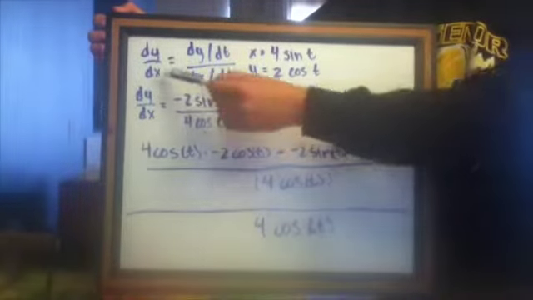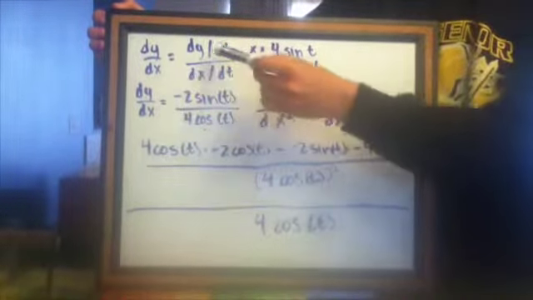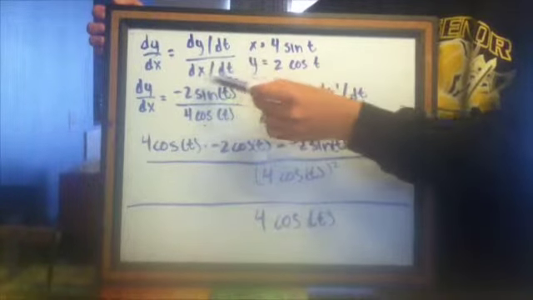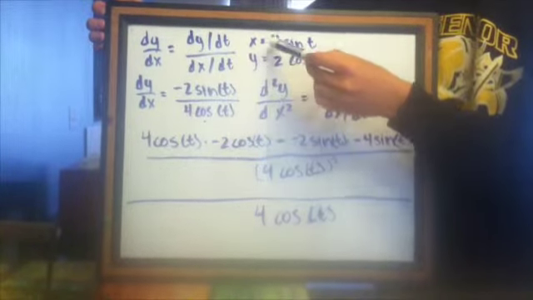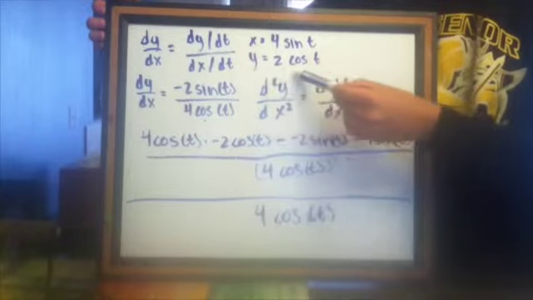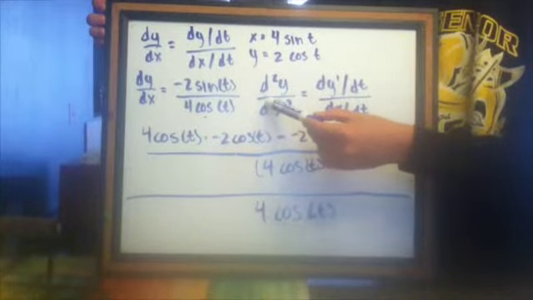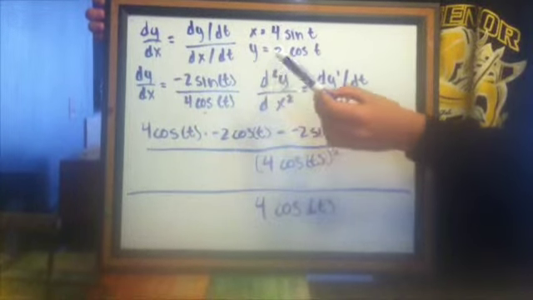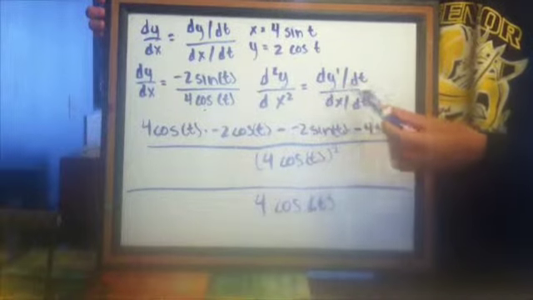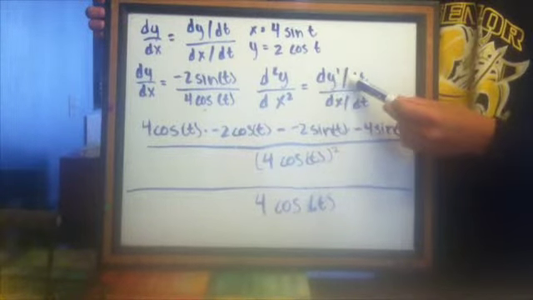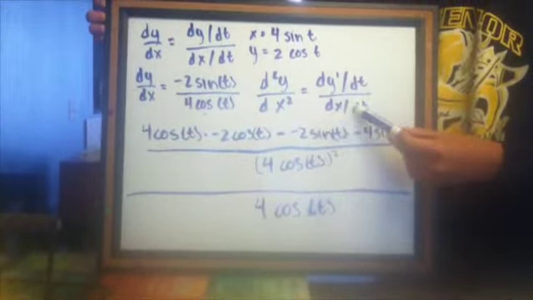As previously explained, dy/dx is equal to dy/dt over dx/dt, with x equaling this function and y equaling this function. If we try to find the second derivative of dy/dx, then we get d(dy/dx)/dt over dx/dt.